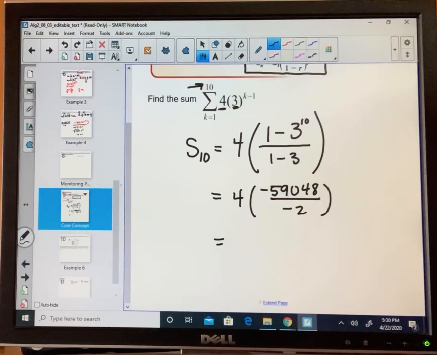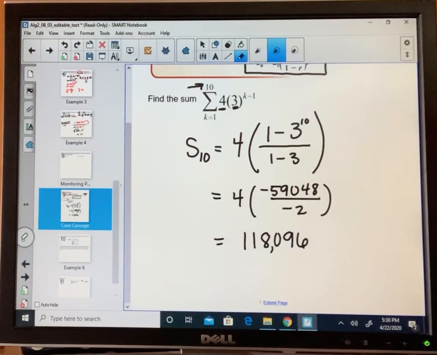So I'm going to divide that by negative 2 and times by 4. And I get 118096. Okay, again, this is how you want to put it in the program. You don't want to put in the parenthesis or the comma here. It's going to count it wrong if you do, and I don't want it to count it wrong for something little like that. Okay?